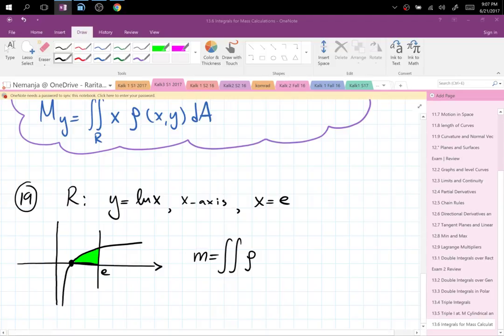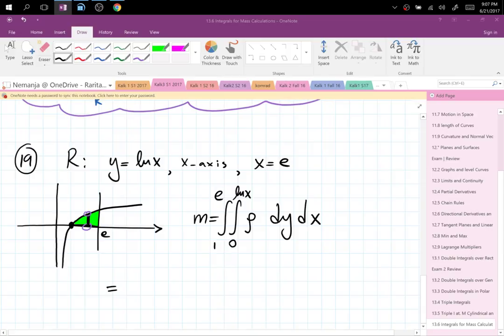And then I'm going to work on this. It is dx, so it's going to be dy dx. X goes from 1 to e, and y goes from 0 to ln x. So remember that if you're using dx to be the boss, then the top and the bottom are going to be the limits of the dy.